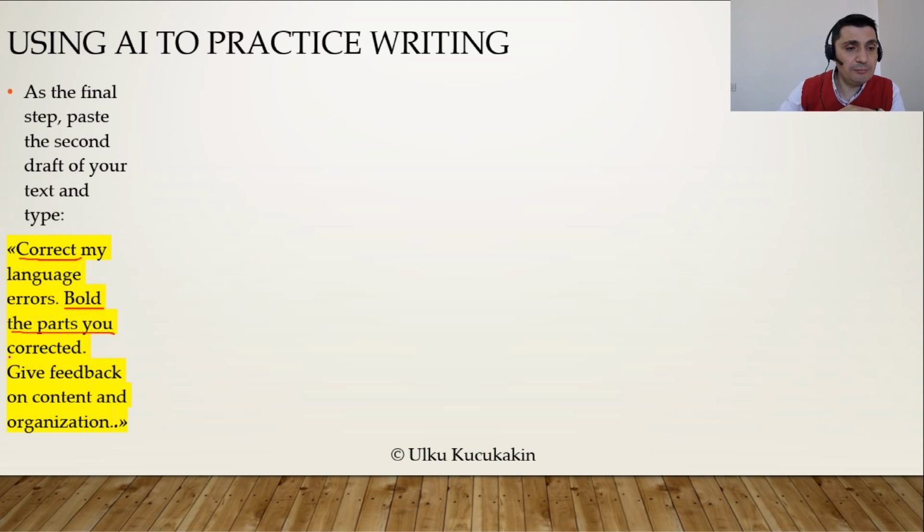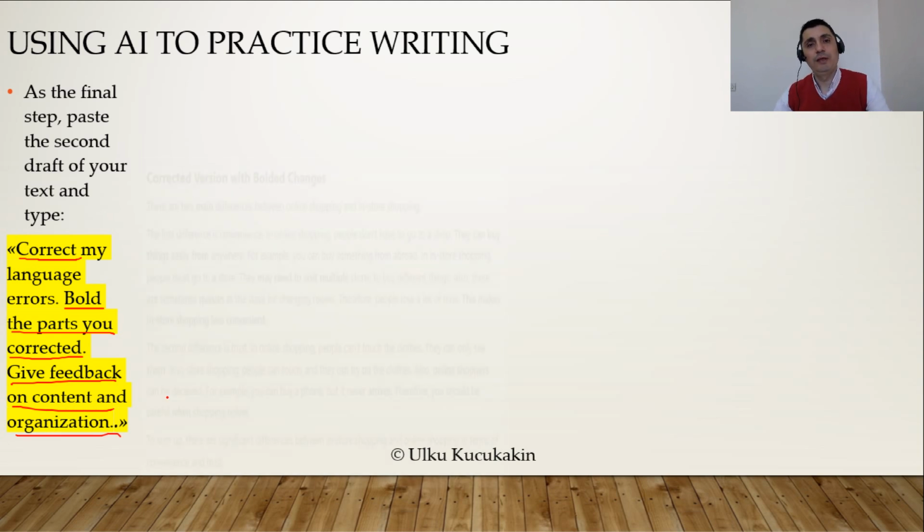So this time, AI is doing the correction, but we look at how they are changed so that we can decide which changes to keep, which changes to get rid of, okay? And also, again, as the last step, give feedback on content and organization as well, okay?